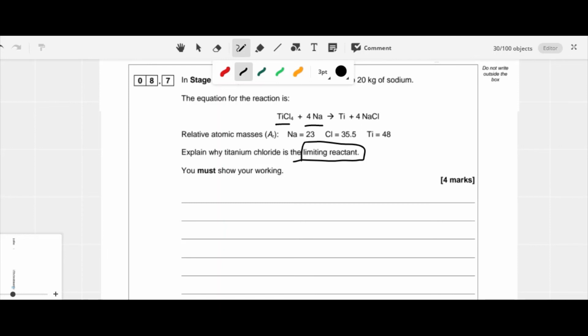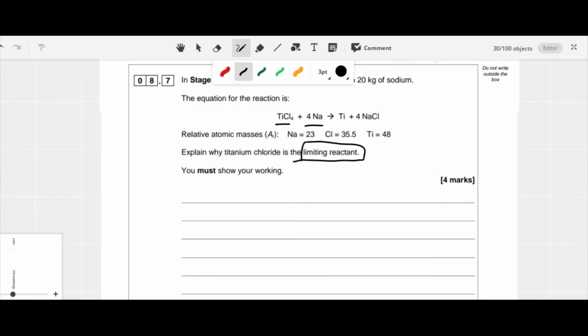Okay, and here it was added to 20 kg of sodium. So sodium mass is 20 kg. So first of all we need to find the moles of both titanium chloride as well as sodium.